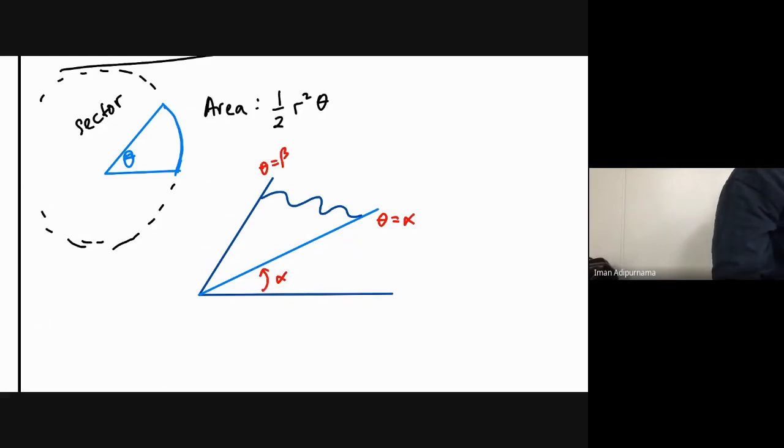So this is alpha, and this is beta. So we need to evaluate this area here in between alpha and beta. What we can do to find the relation is the same as what we've done before. We split this into small pieces, small sectors. Because now we have the approach of a sector. So we divide, we split this up. So maybe like this. We split up.